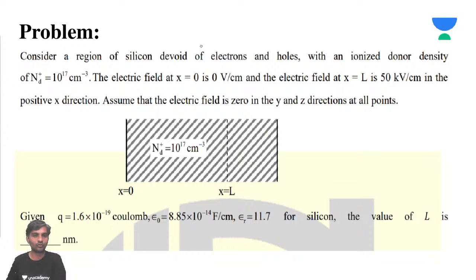This is a GATE 16 2 marks question. Consider a region of silicon devoid of electrons and holes with an ionized donor density of Nd plus 10 to the power 17 per centimeter cube.